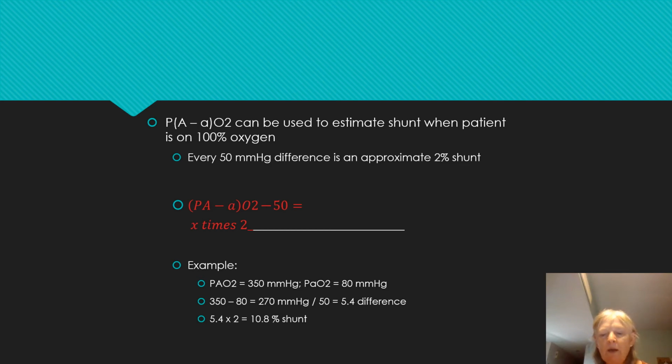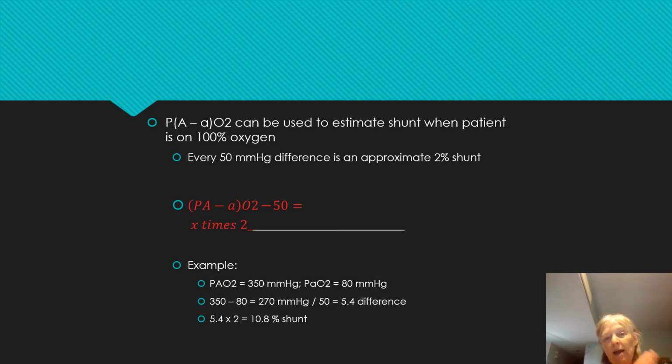Now, to add to your list of what puts you on and what takes you off ventilation or support, if your A-a gradient or A-a difference is greater than 350 millimeters of mercury on 100% oxygen, your patient is a candidate for support.